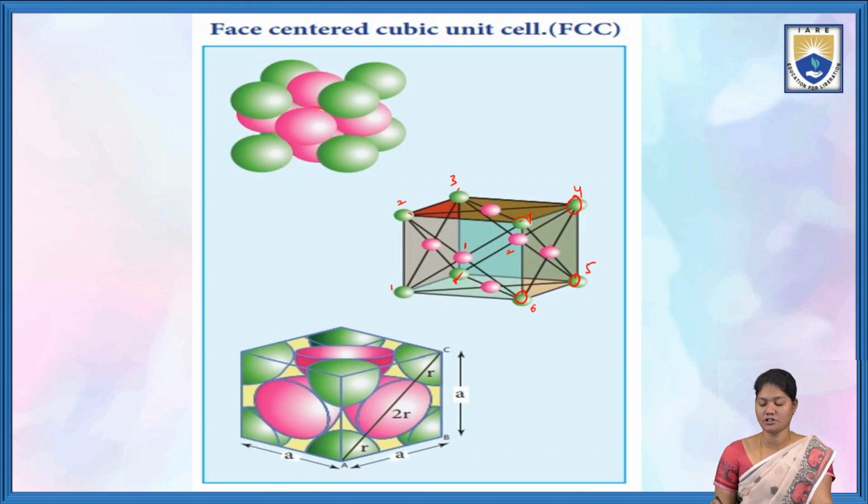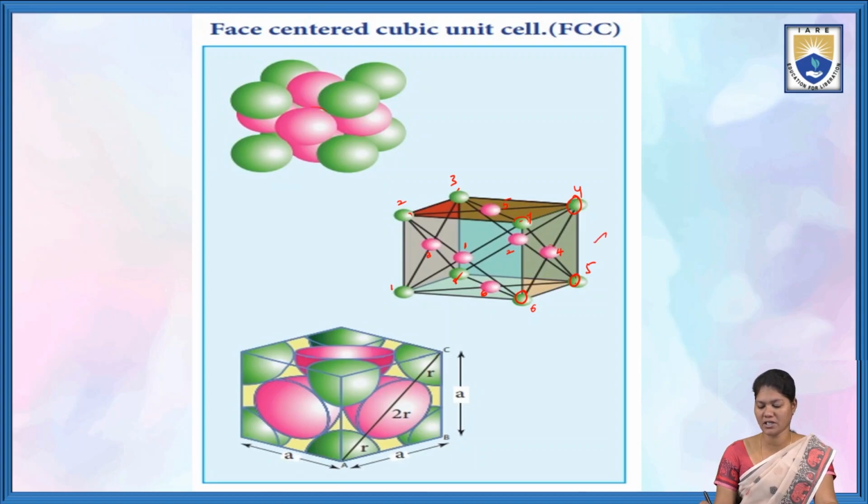Counting each face: the front face is 1, the back is the second atom, the left is the third, the right is the fourth, the top is 5, and the bottom is 6. So 6 faces, 6 center atoms, and at the 8 corners we have 8 corner atoms.